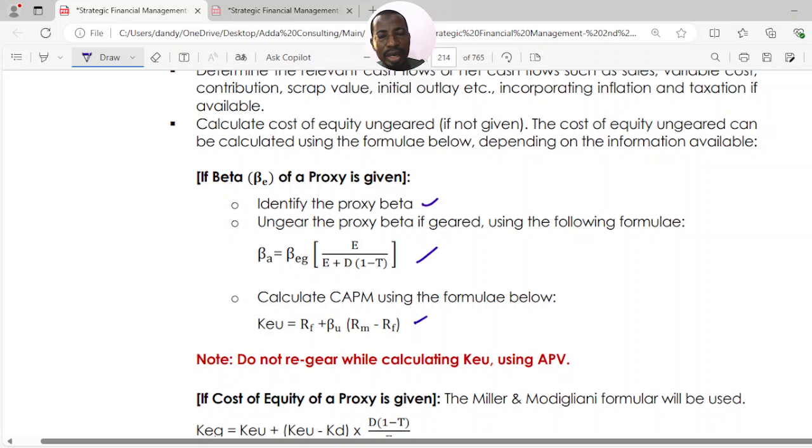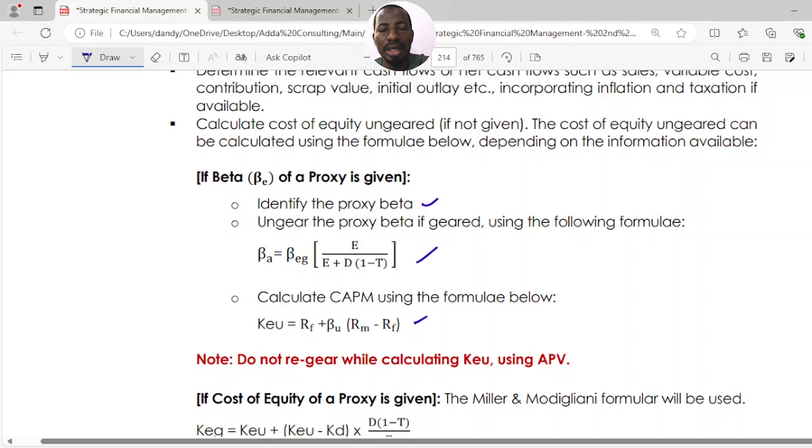So another way, if you are not given the proxy beta, the examiner can also give to you the cost of equity of a proxy. So if you are given the cost of equity of a proxy, you are supposed to calculate the cost of equity using the Miller and Modigliani formula. Remember, I told you when we had cost of capital that there are three ways of calculating cost of equity depending on the information given.